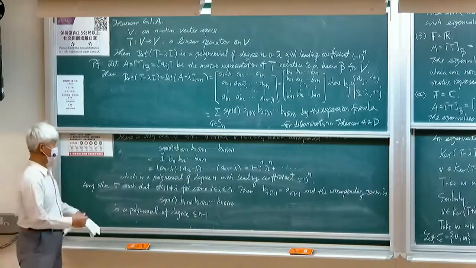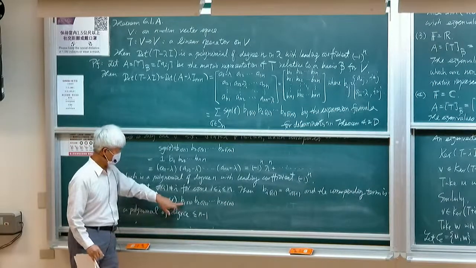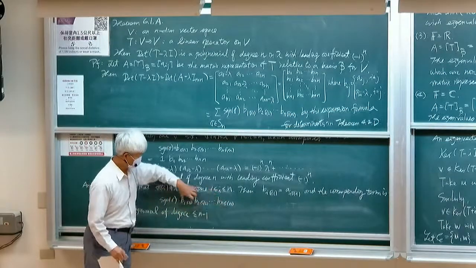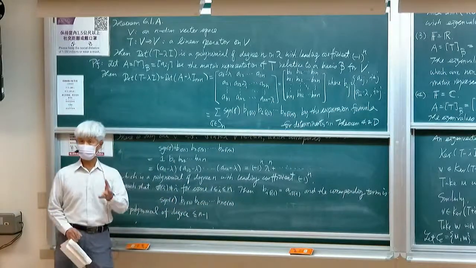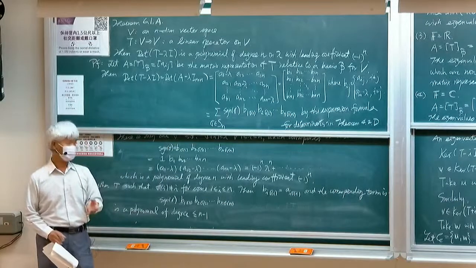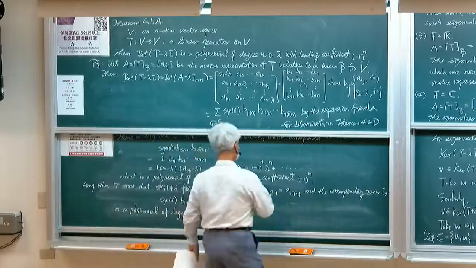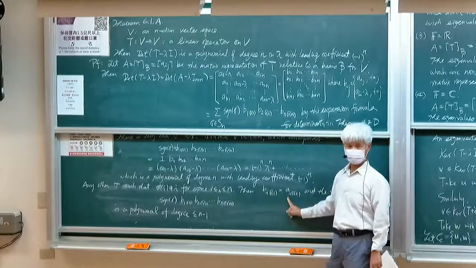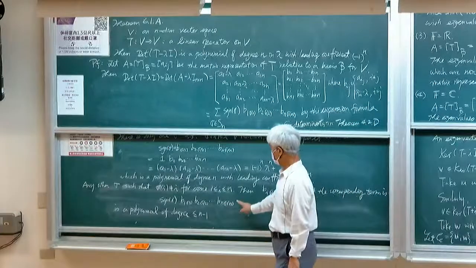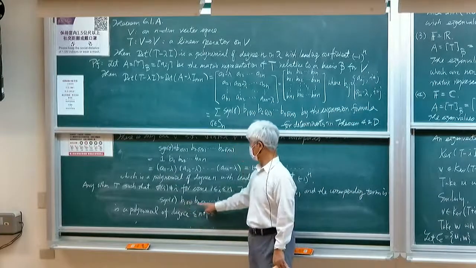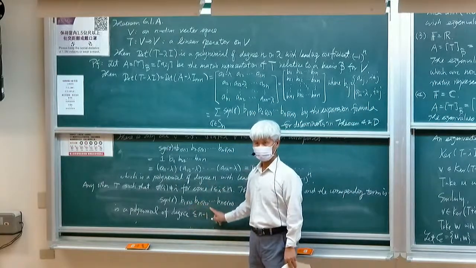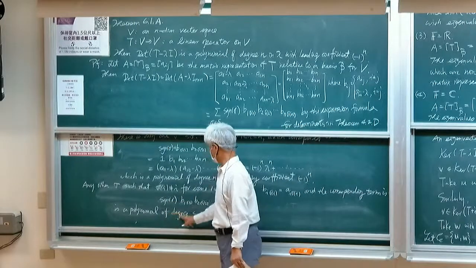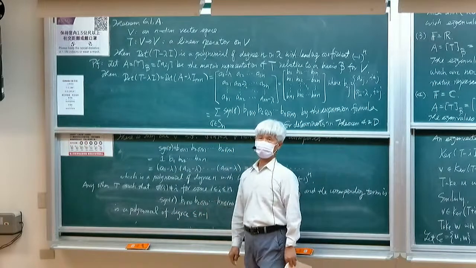Why? Because every b is either a constant or a linear factor. But we already know that there is some i such that b_{iσ(i)} is a constant a. So at most we have n minus 1 linear factors here, right? So this term is a polynomial of degree less than or equal to n minus 1.